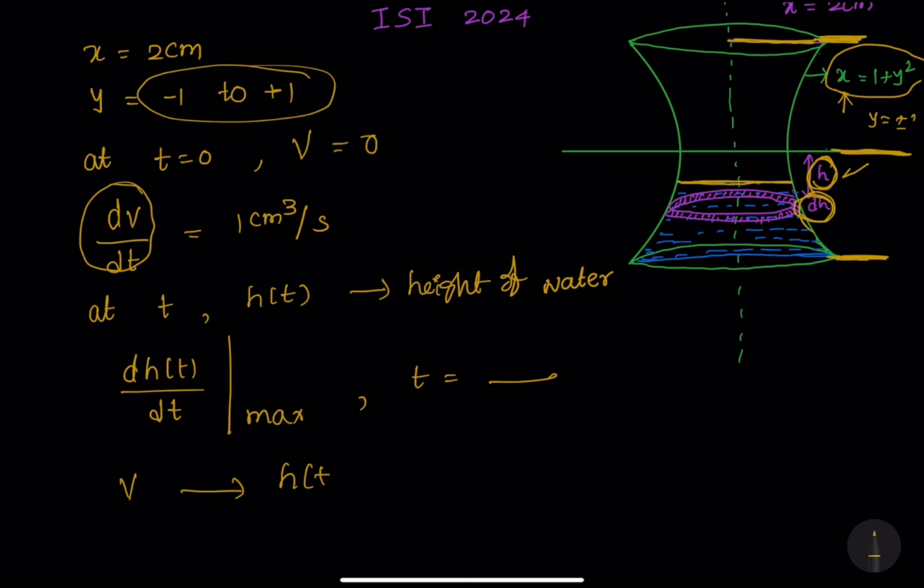Alright, so now this disk is simply a cylinder. So what is the volume of the cylinder? Volume of the cylinder is simply pi r square h. I am finding the volume of this particular disk. What is the radius r?